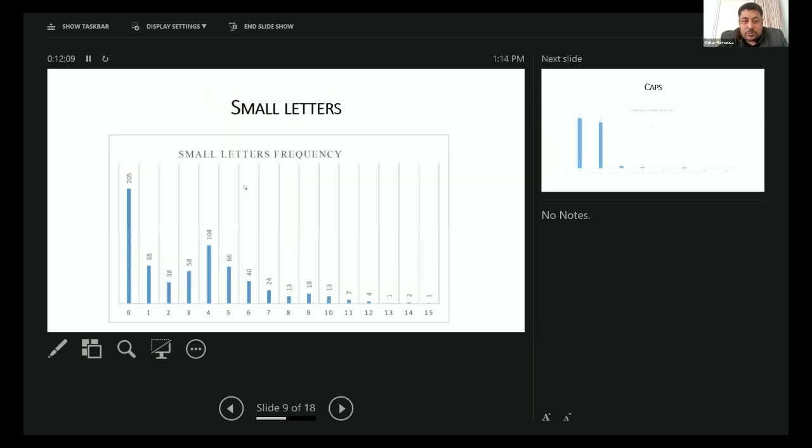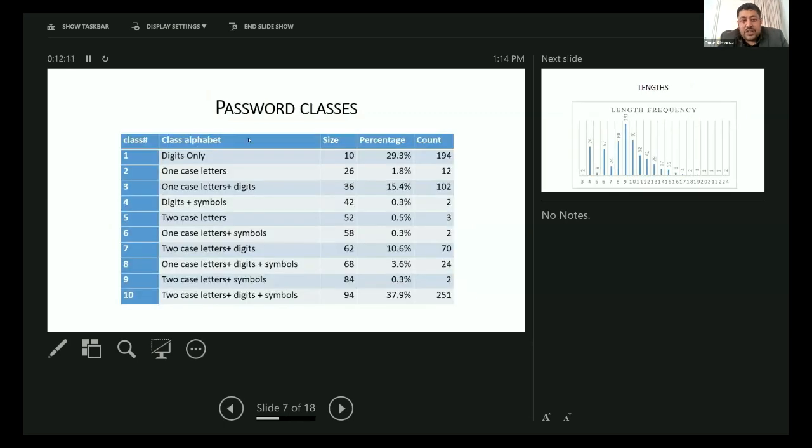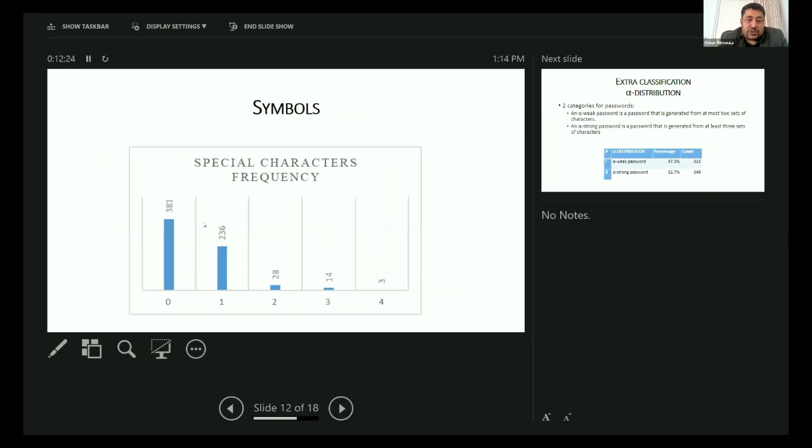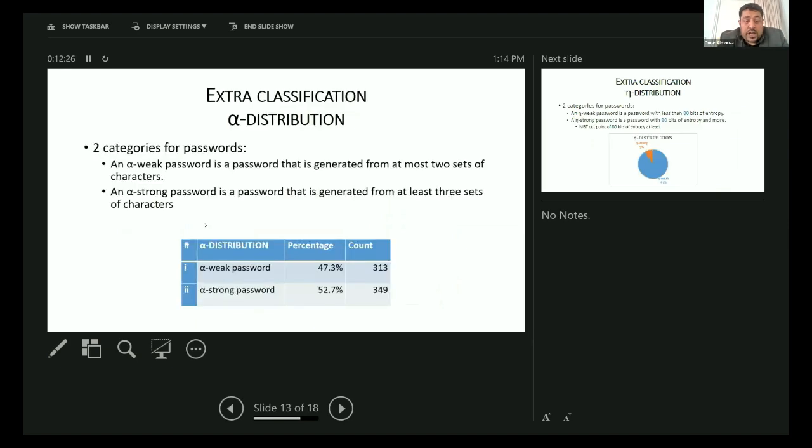So if any password is, for instance, digits and symbols, 1 case letters and digits, or 2 case letters, we consider them alpha weak. Any password generated from at least 3 sets is called alpha strong, while 2 sets and below is called alpha weak.